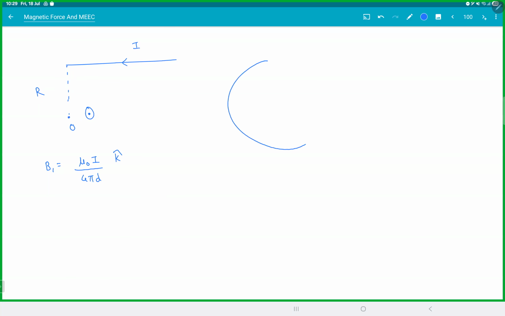Then we have a 3/4 of a circle. This is also out of the plane. B2 will be 3/4 of a circle, which is mu naught I by 2r. Are you getting it? When you add them, there's 1 by pi there, so you can't directly add them. So be careful with that. And the other guy, it is passing through this, so B3 is 0. Add them, you'll get the magnetic field. Got this?